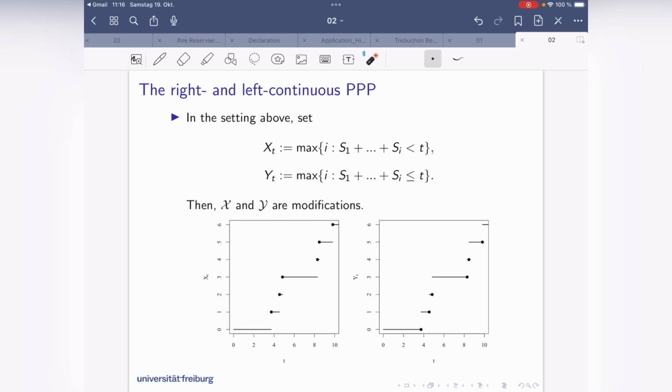And that fulfills apparently what we wanted to do in some sense. So it counts something because at any point in time t, I have a number which I could call a count. It only increases, which means more events happen, and the events are these dots here at these times.